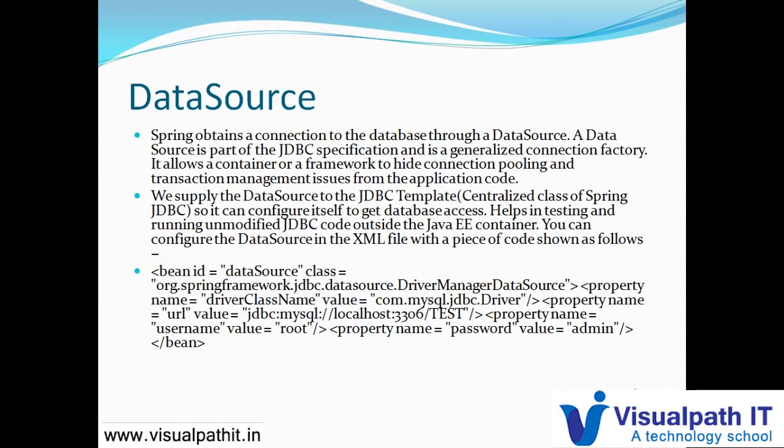It allows a container or a framework to hide the connection pooling and transaction management issues from the application code. All these things are specific to the DB pool. We supply the data source to the JDBC template. What exactly is the JDBC template and all its features and functionalities, we will see in the next slides.